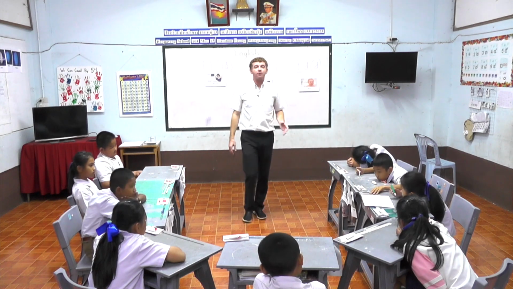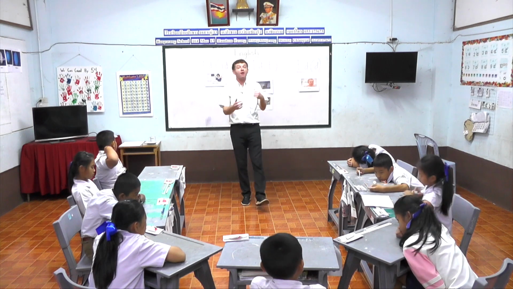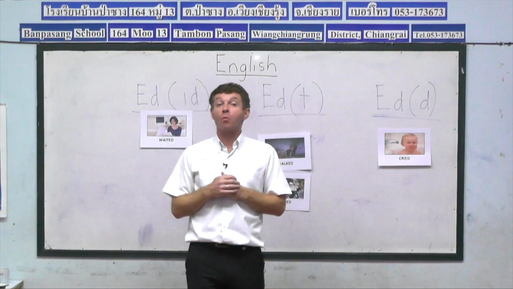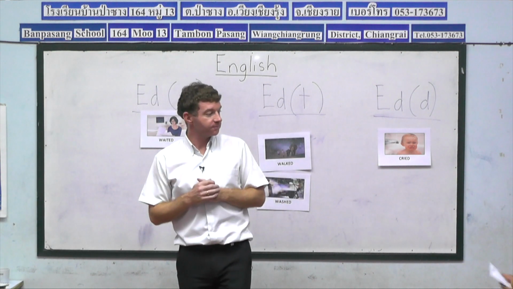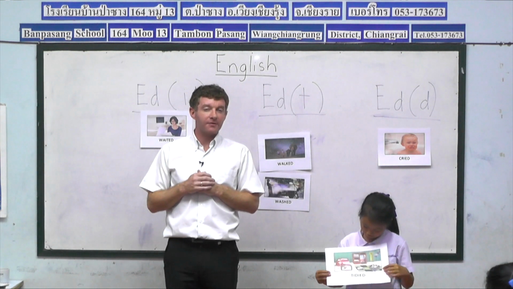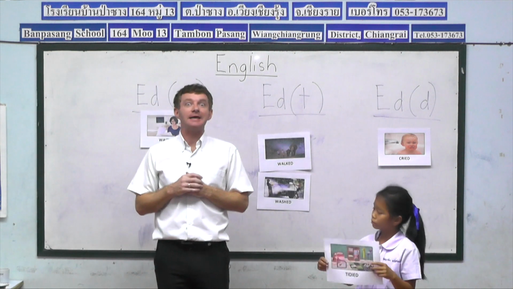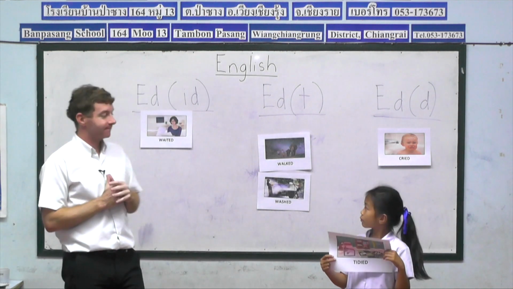And now it's Prau's turn with her flashcard. So Prau, bring your flashcard to the front of class. What word do you have, Prau? What word, guys, can you remember from the PowerPoint? Tidied. Okay, tidied.